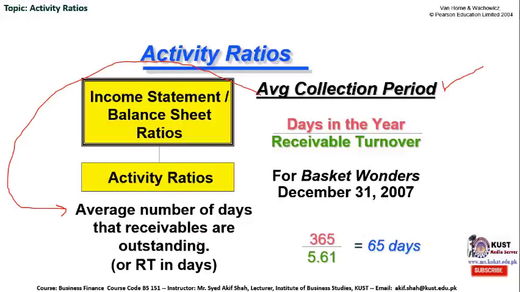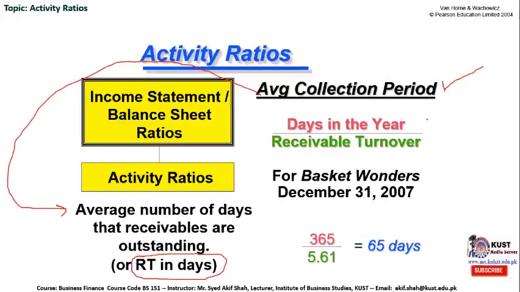Or we can say that this ratio tells us the average number of days that the receivable are outstanding, or in other words, receivable turnover in days. In how many days on average does the company collect its account receivable.